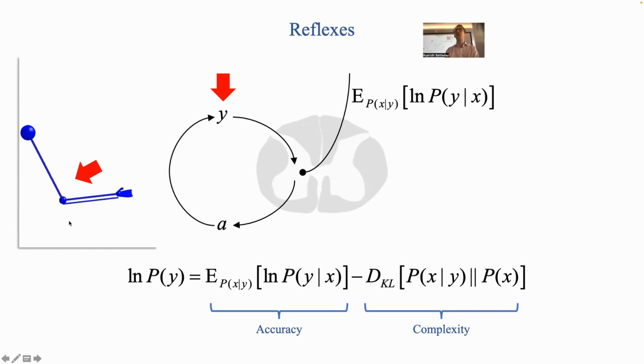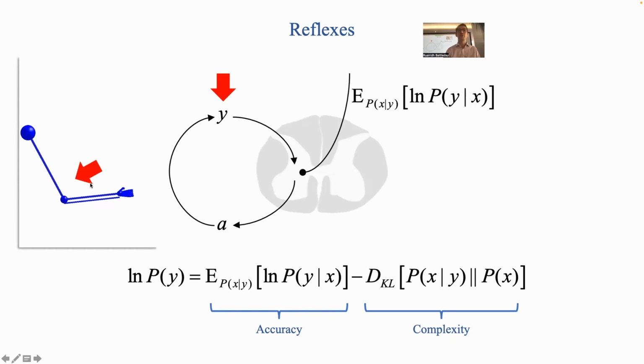So we're introducing an error. That error is resolved by moving my arm in such a way that I try to reduce that, which is what we'd see with any healthy person if you tap on their reflex. So the basic idea here is that now we've equipped our model of the world with the capacity to change the world around us. And so we can correct any deviations from the predictions of this model by acting on it.